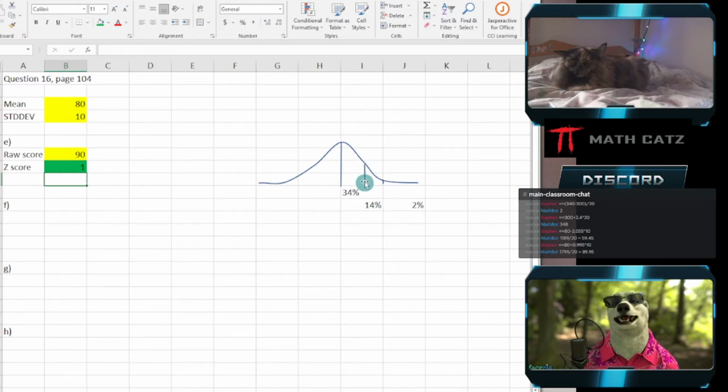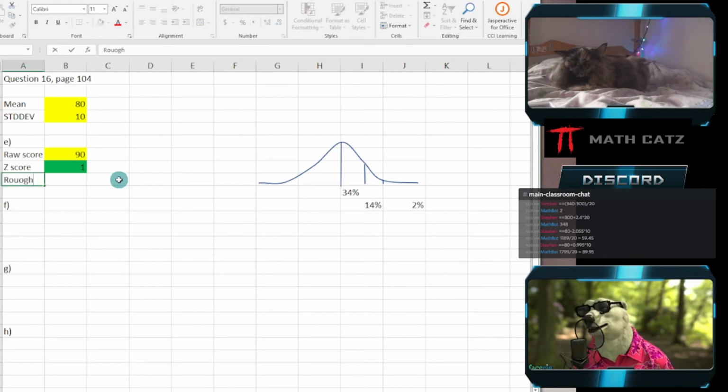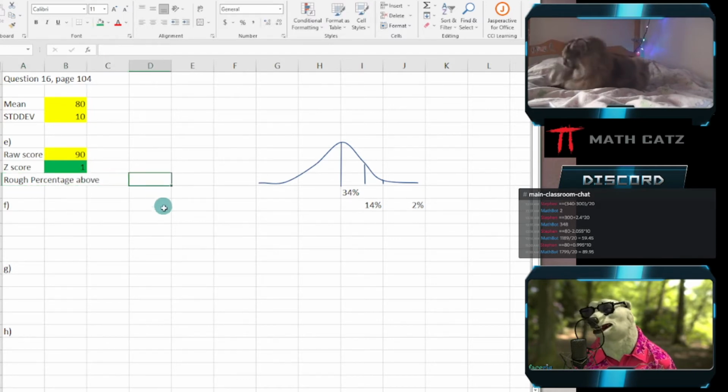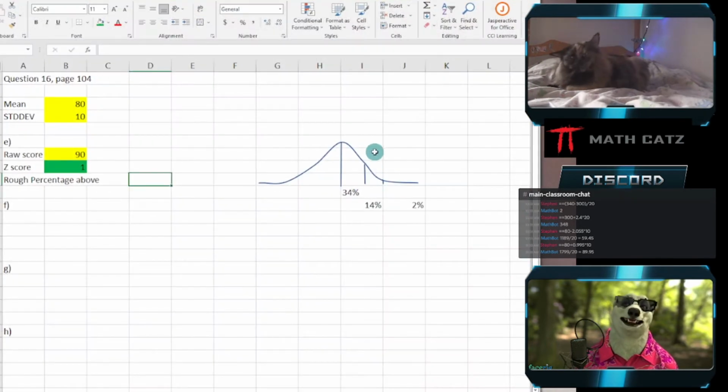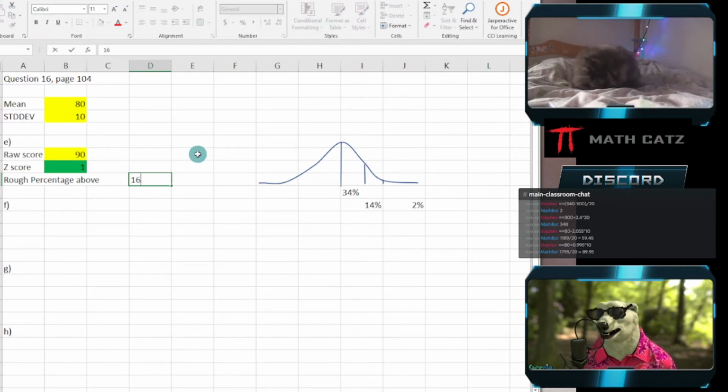So 1 puts us over here. So roughly, what percentage above? That's what they want, right? Above 90. Well, my z-score puts me over here. So above that will be 14 and 2%, so 16%.